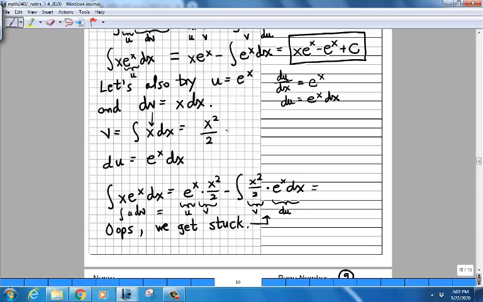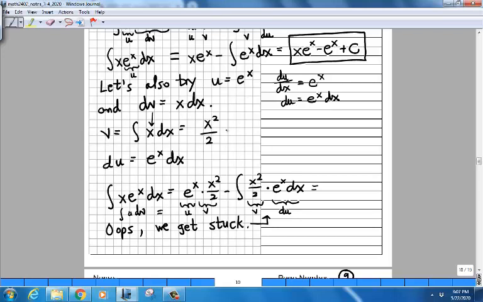We don't know how to find the antiderivative of x squared over 2 times e to the x. All that tells us is that this choice for u and dv, for this same problem of integrating x times e to the x, just didn't get you anywhere. It just wasn't a useful choice.